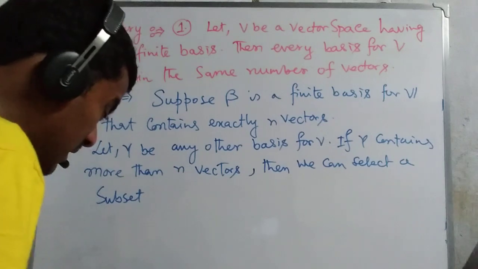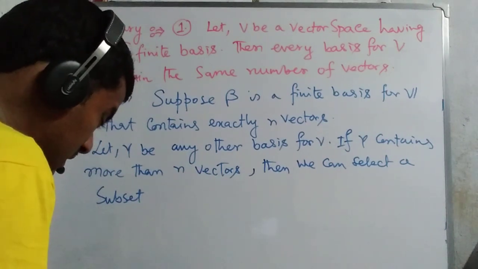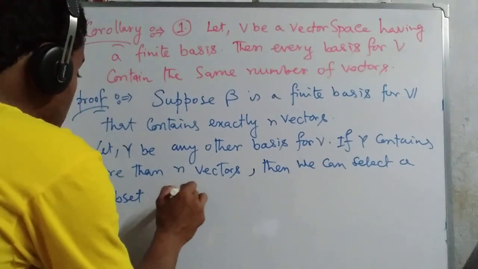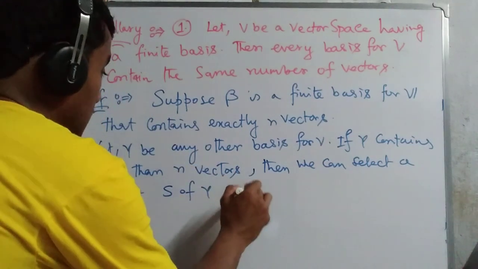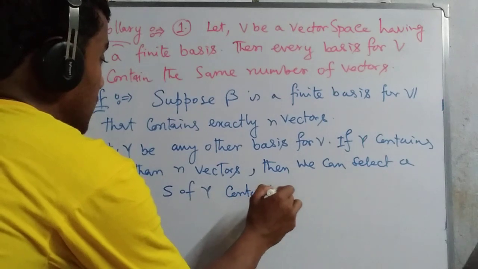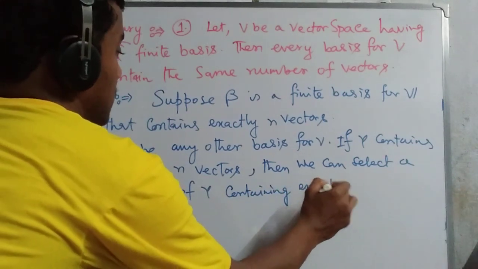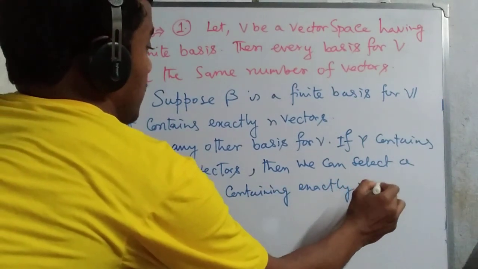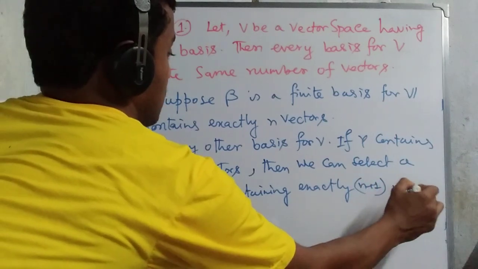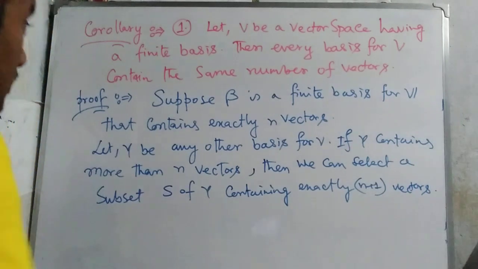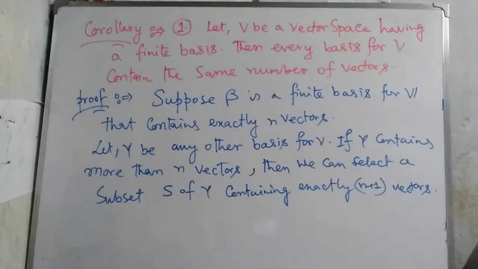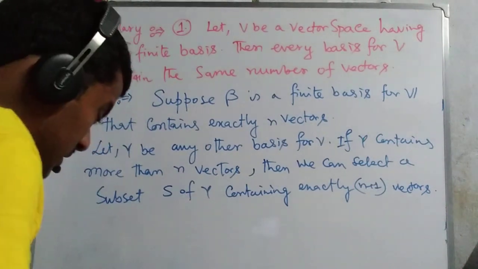Then we can select a subset S of gamma containing exactly n plus 1 vectors.